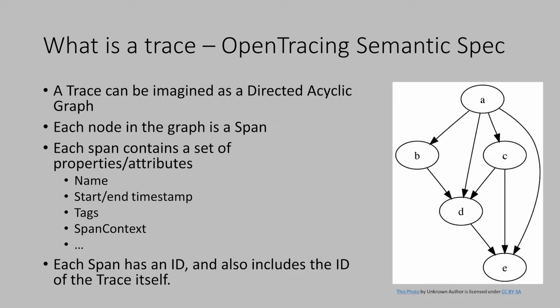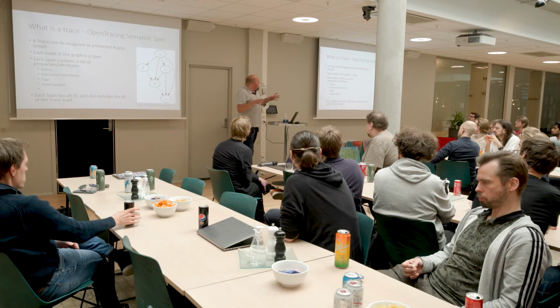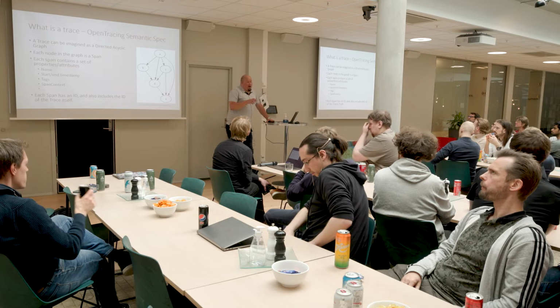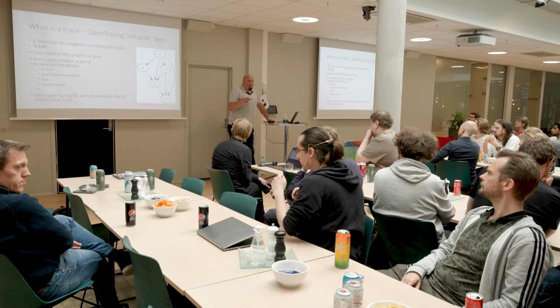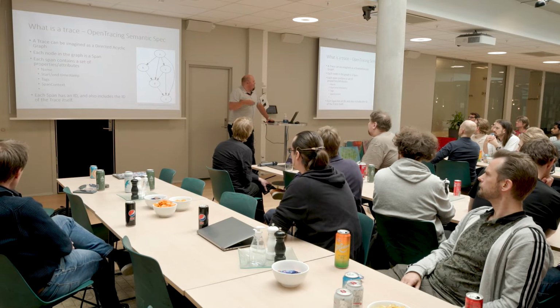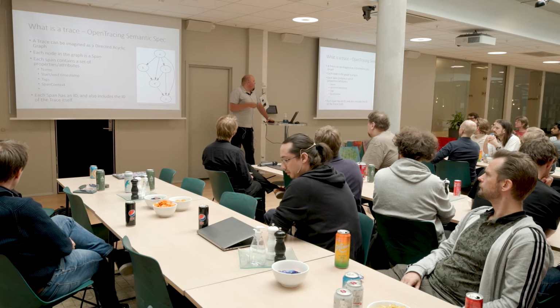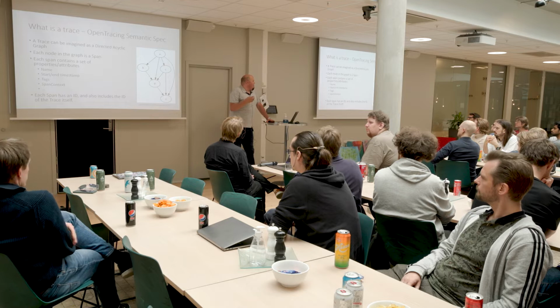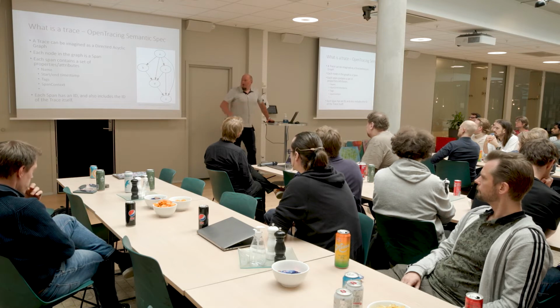A trace is basically just a logical container that contains spans. Spans are the actual data, and you get one span per network hop, per thing you want to instrument. That is what contains all the important bits.